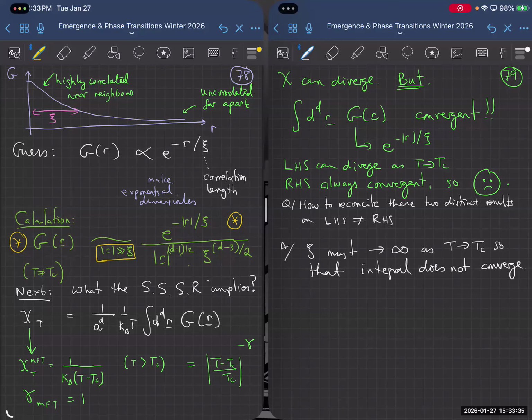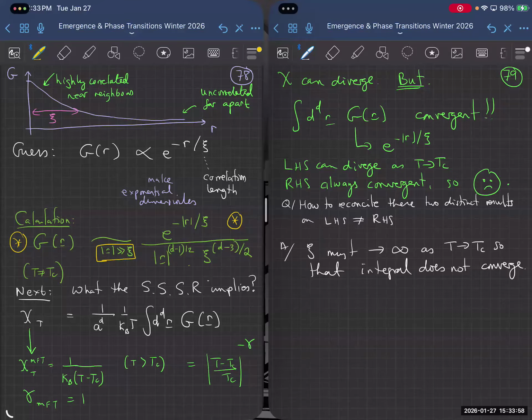And if the correlation length has gone to infinity, then R necessarily has to be smaller than psi. And if R is smaller than psi, then the integral will not converge. And if the integral doesn't converge, then the term on the left-hand side and the integral on the right-hand side have a chance to be equal. So that's the idea.